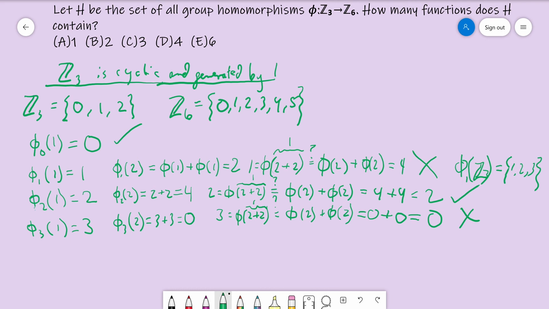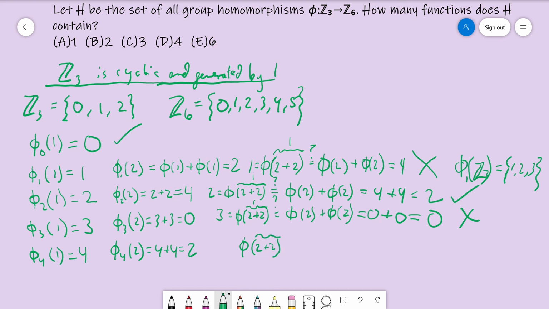Alright, so far we have 2 homomorphisms. Let's check phi 4. Phi 4 of 1 is defined by phi of 1 equals 4. So phi 4 of 2 is going to be 4 plus 4, which we know in mod 6 is going to be 2. Now the question is, what is phi of 2 plus 2?